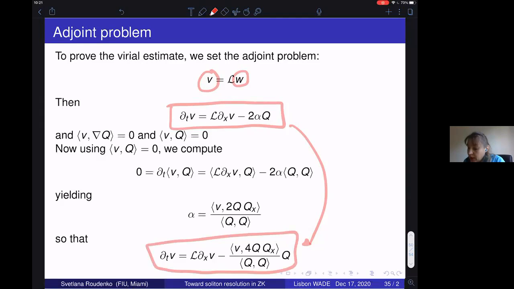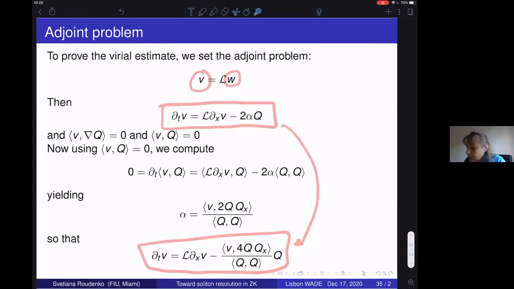And to determine the alpha, that's where we use the orthogonality conditions. For example, one of the things which was done in the study of asymptotic stability in the 2D ZK, and the way Muñoz and company chose the orthogonality conditions, they had an equation which is like this, and this is also how it works in the KdV. You get only just this linearized equation without this funky term.